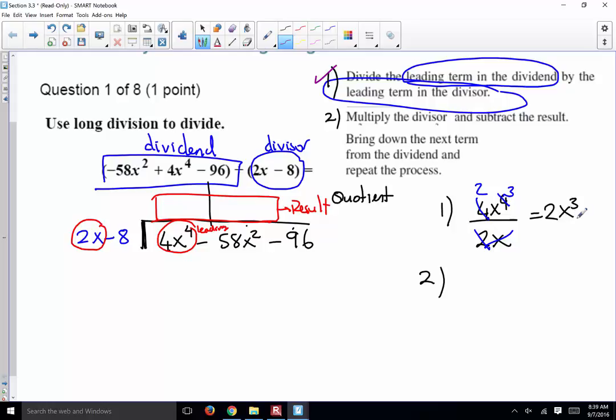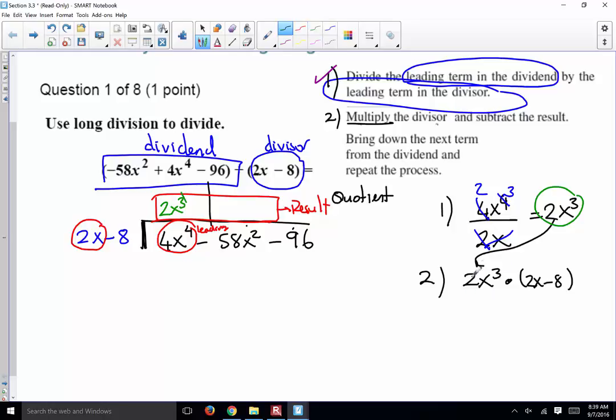You take this 2x cubed, take it here, and multiply the divisor, entire divisor with it. But before that, sorry, number 1 is not over. You found a result here, right? Put it into quotient box, 2x cubed. Don't forget that, because I keep forgetting it all the time. 2x cubed, the first result, you put it into the box here.